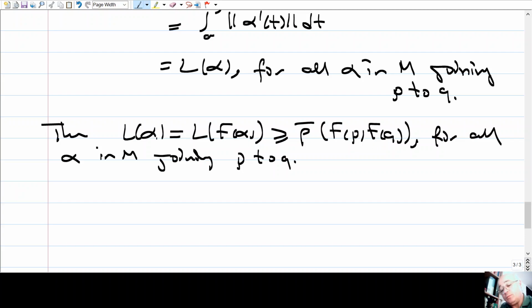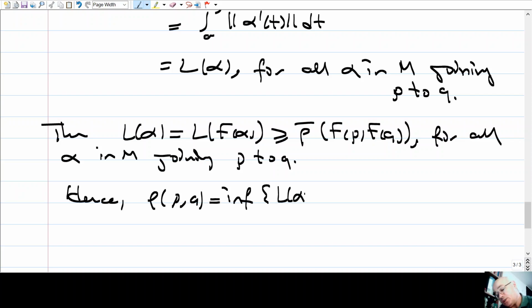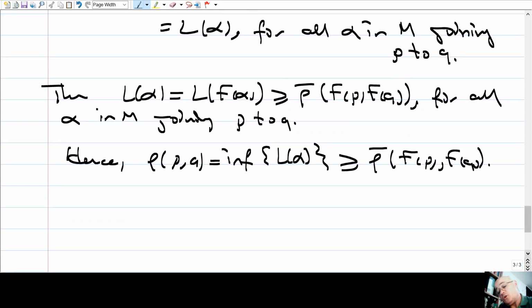Therefore, its infimum is still larger than this. Hence, by the definition of infimum, rho PQ, which is the infimum of all such lengths, is larger than this one. Okay, so this length is larger than this length.